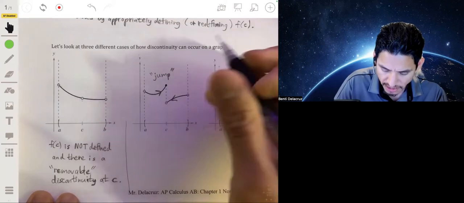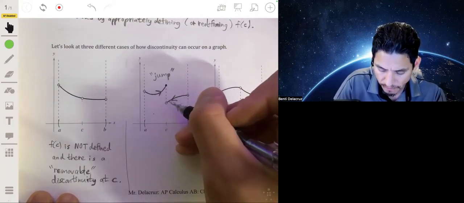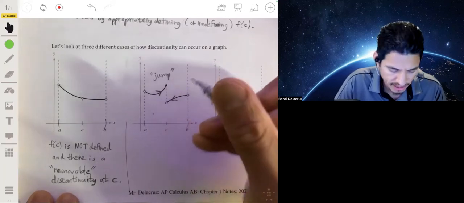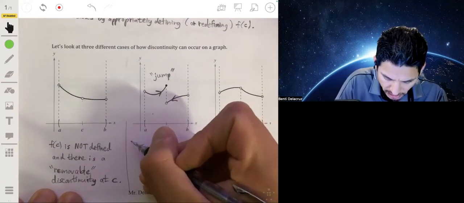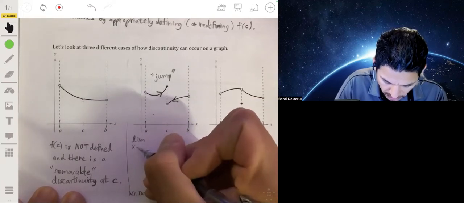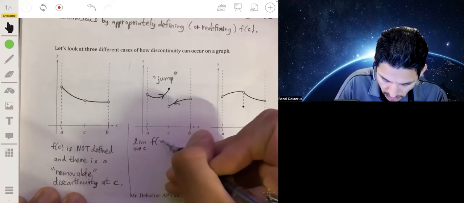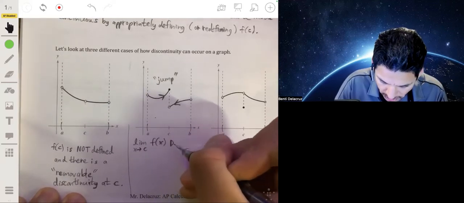Since the graph doesn't approach the same value from the left and right at c, we say the limit as x approaches c of f of x does not exist.